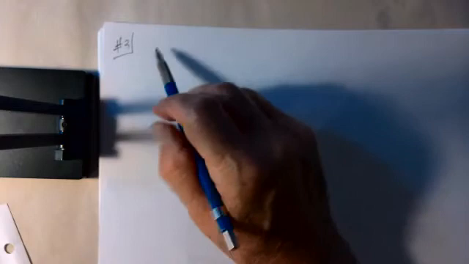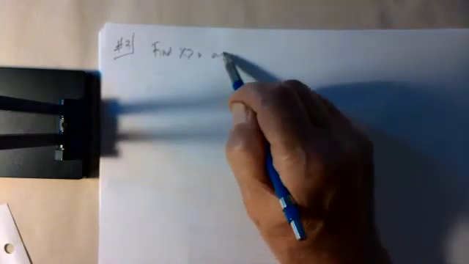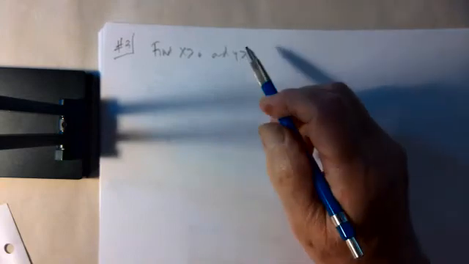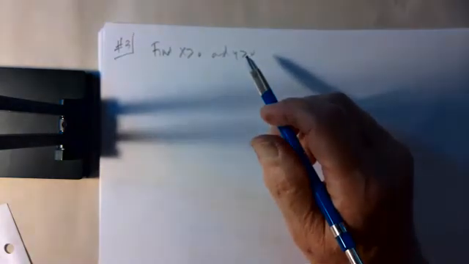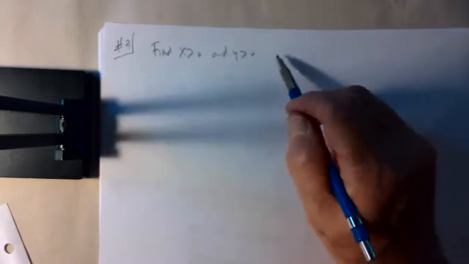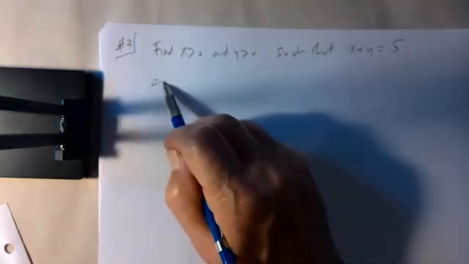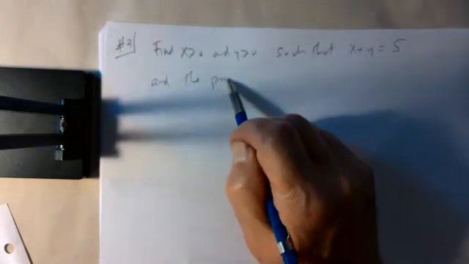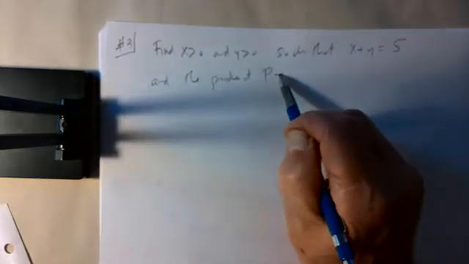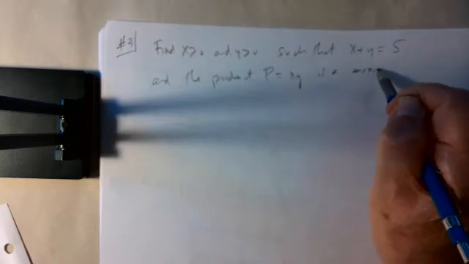Find two positive numbers, x positive and y positive, whose sum is s, some number s, and the product, that's called p, which is x times y, is a maximum.